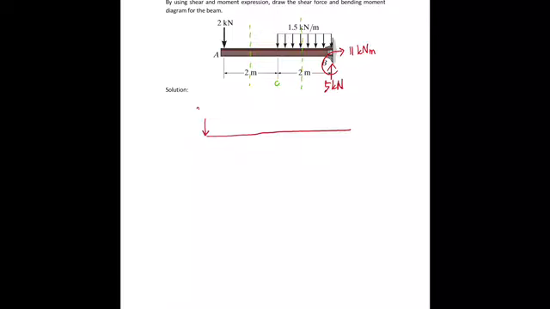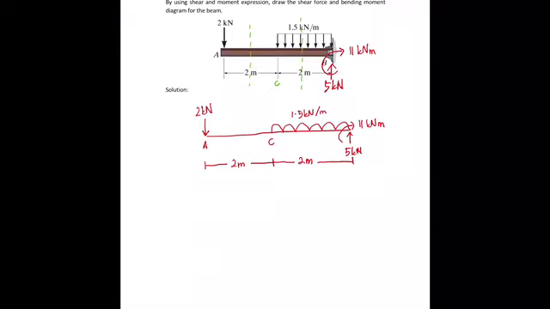At point A, you have 2 kilonewton, and this is point C, and you have a UDL 1.5 kilonewton per meter. And at B, you will have the support reaction that you already calculated in the first step, 11 kilonewton meter. And then put the distance 2 meter and 2 meter.